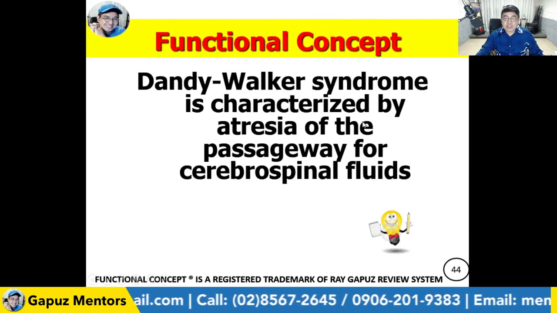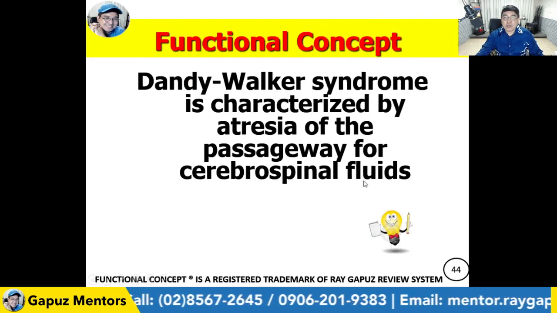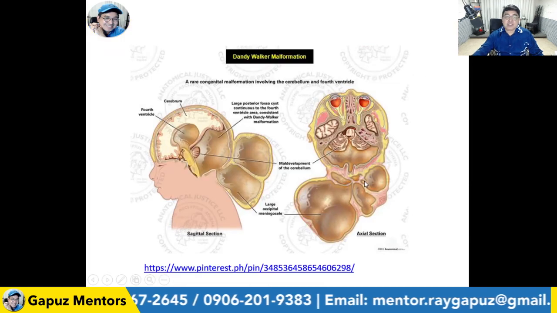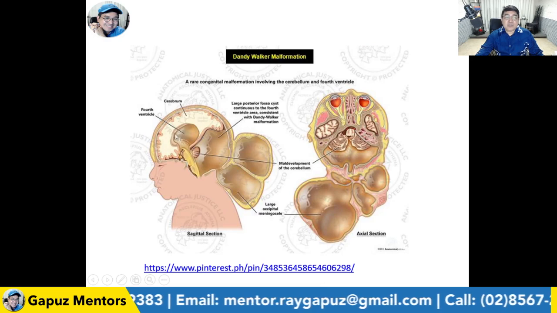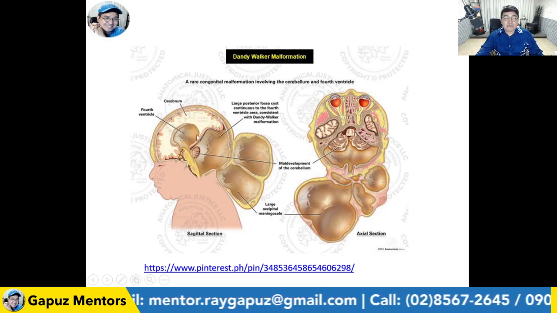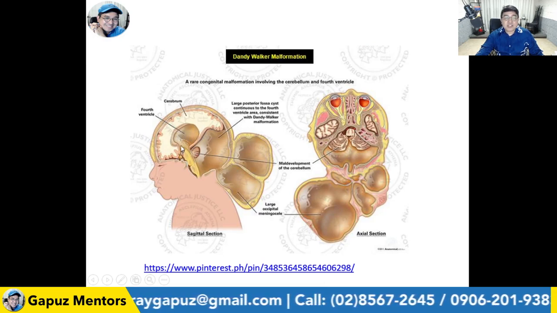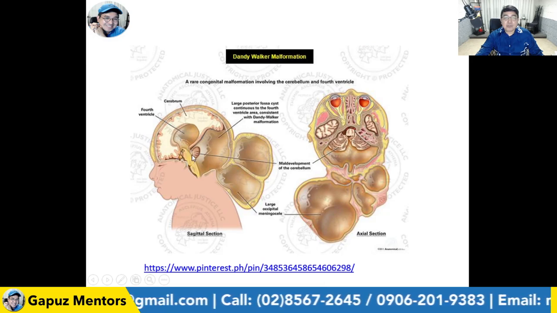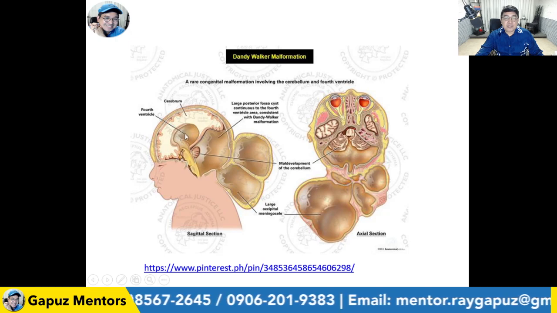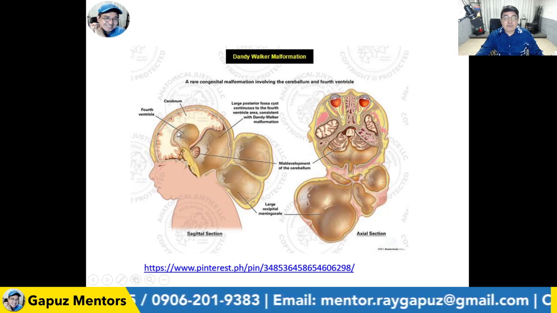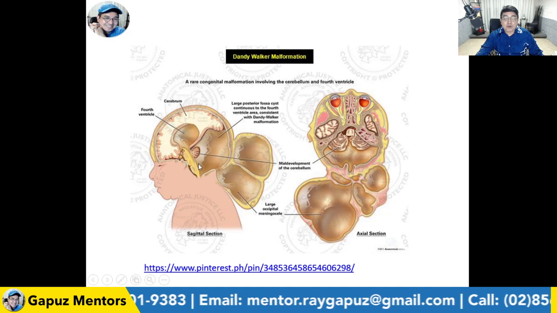Dandy-Walker syndrome is characterized by atresia of the passageway of cerebrospinal fluid. So what happens in Dandy-Walker syndrome is that the fourth ventricle enlarges, and there's a narrowing due to maldevelopment between the fourth and the third ventricle. So the passageway of CSF is also obstructed.